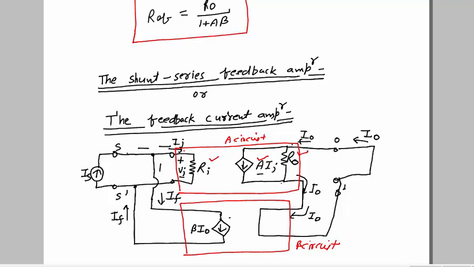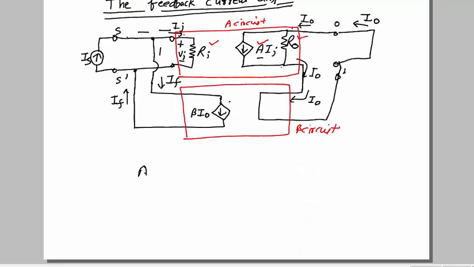So what is A here? A is defined as A equals I0 by II. The closed loop gain AF, which is the gain with feedback, is defined as I0 by IS, and we already know its value as A upon 1 + Aβ.